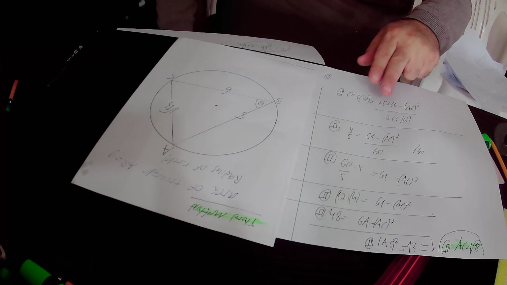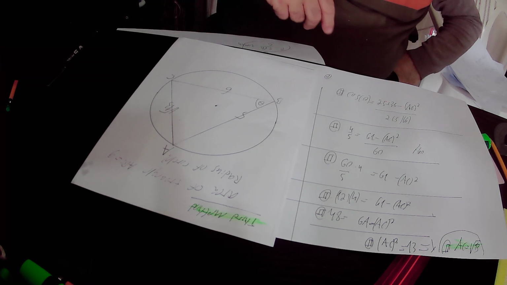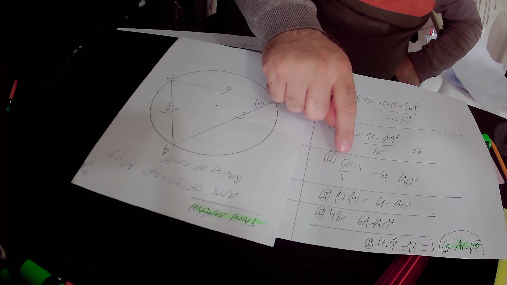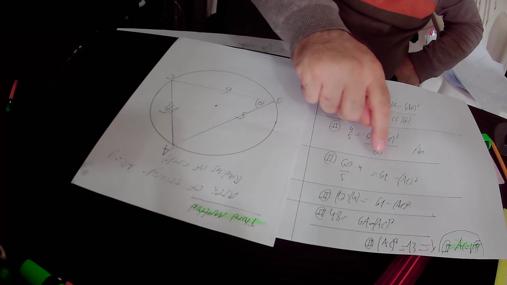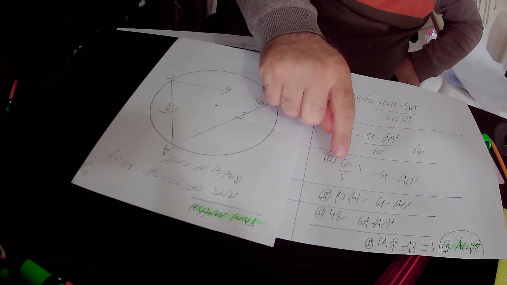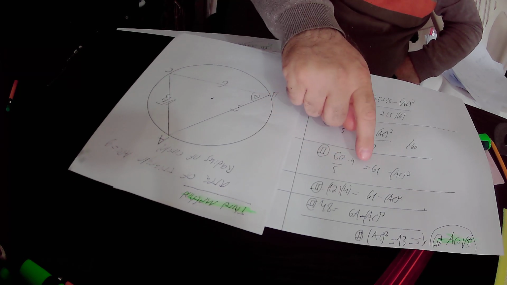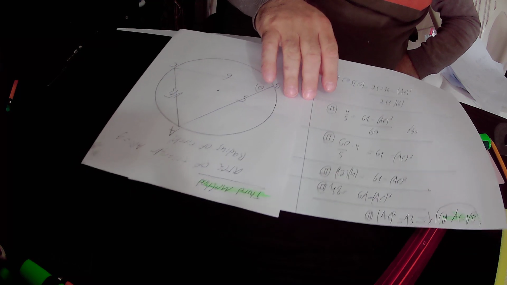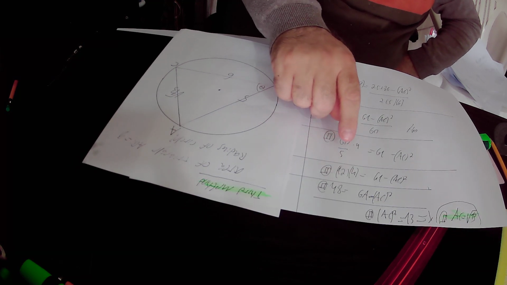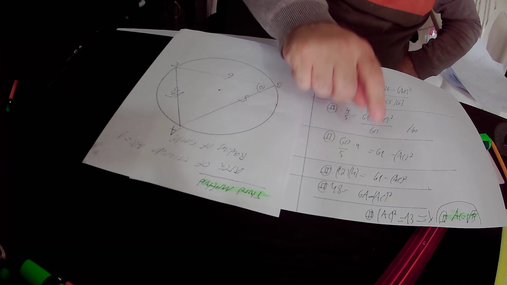We multiplied equation number 2 by 60, and we found out that 60 times 4 over 5 equals 61 minus AC squared. 60 over 5 is 12. So here we have 12 times 4 equals 61 minus AC squared. 12 times 4 is 48. So 48 equals 61 minus AC squared.